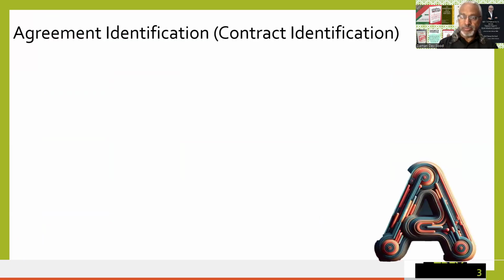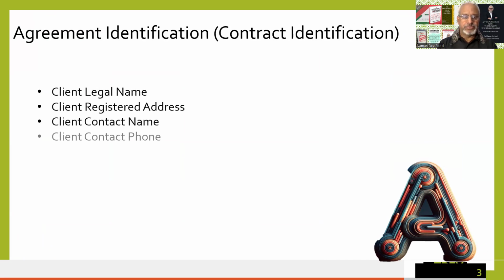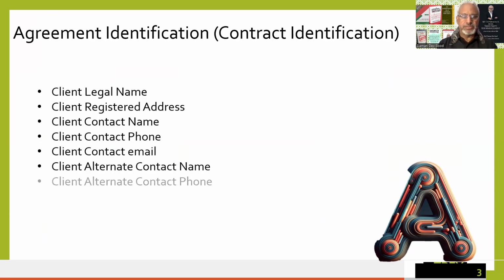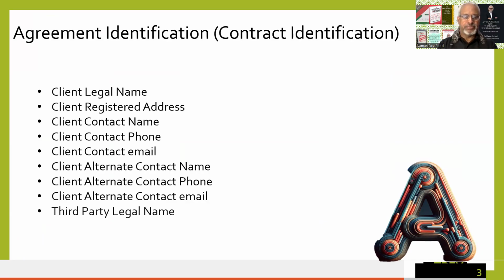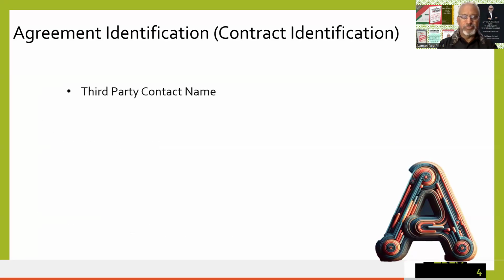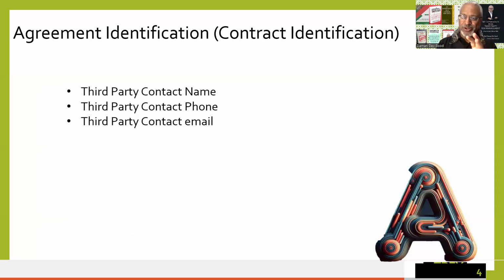Starting with the agreement identification. This is all that should go into your contract. The details about client and its alternate contacts. And then details about your third party and alternate contacts.